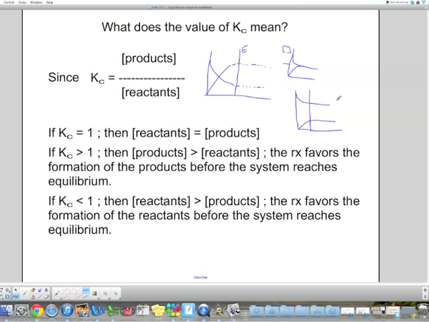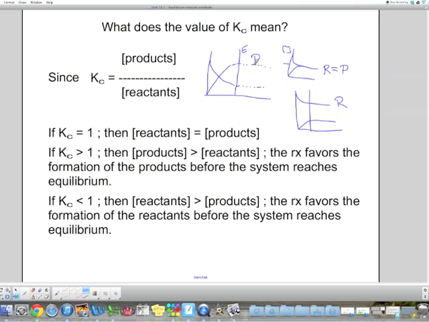So in this case, the reactants would be favored at equilibrium. In other words, I have more reactants. Here, neither is favored. So the concentration of my reactants is equal to the concentration of the products. And in this case, the products are favored. I have much more products than I have reactants at equilibrium. So the products are favored.